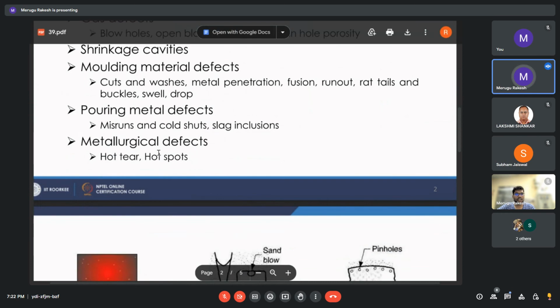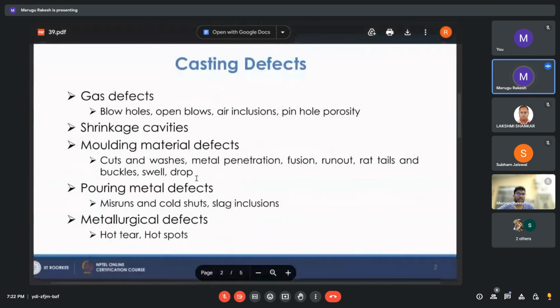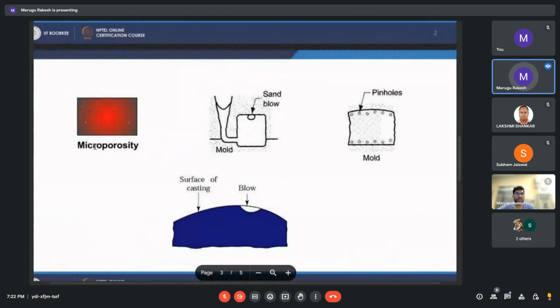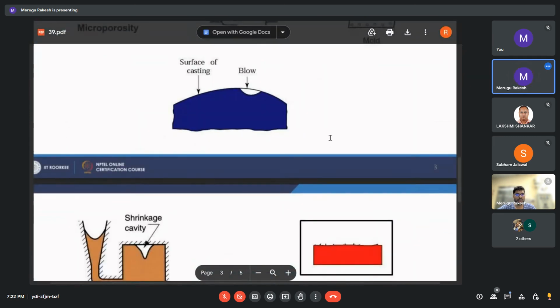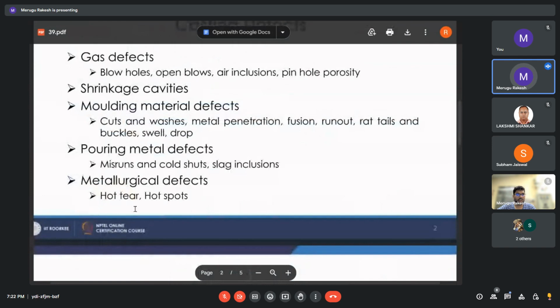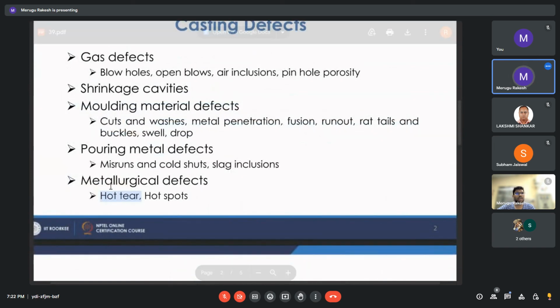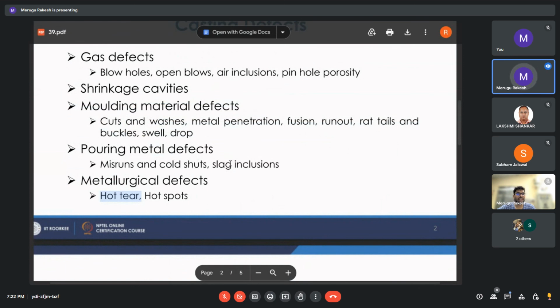Okay. And if you have any doubt in this, you can look at the graphs. We have provided only a few graphs here, but similarly you can get graphs for hot tears as well. If you assume a high section, for example, both the flanges will solidify later.